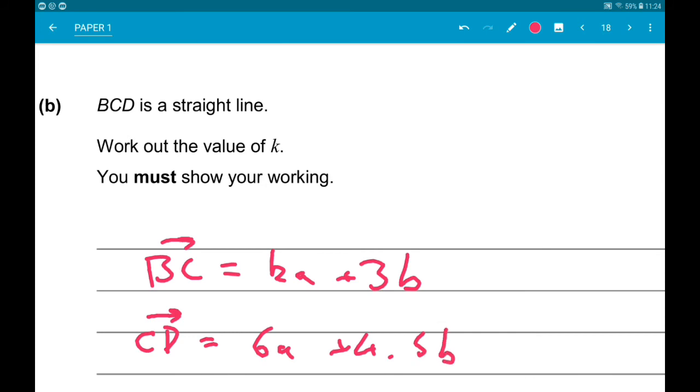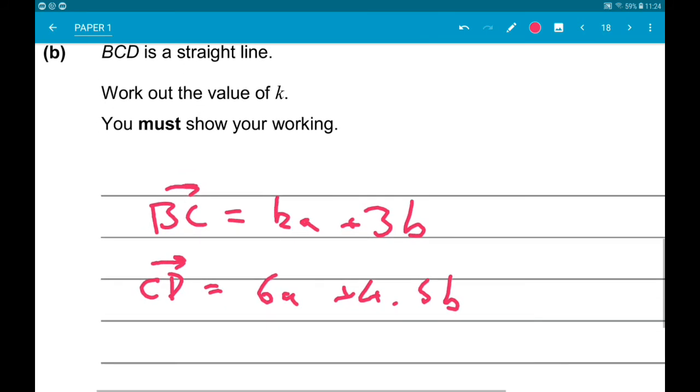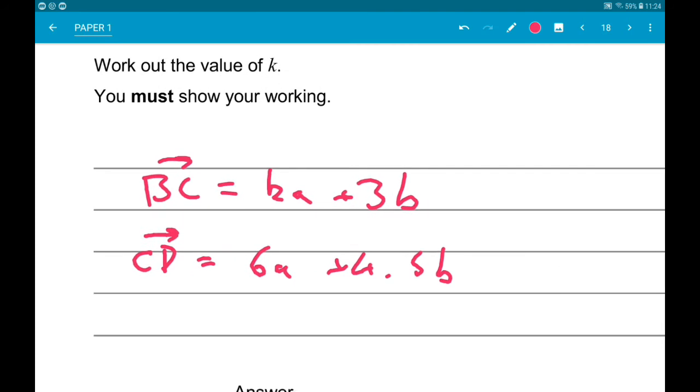Now, we can see then that CD is going to be the longer vector because it has the bigger B component, which means it also has to have the bigger A component. You can think of it sort of like similar shapes, where you try and work out a scale factor connecting the two shapes. We can do the same with vectors.